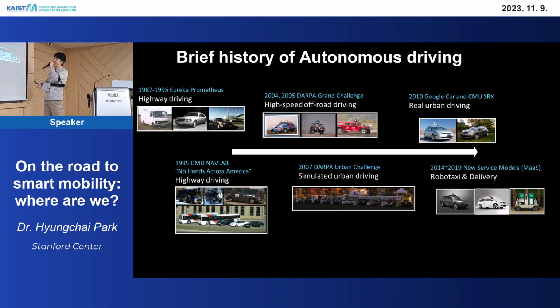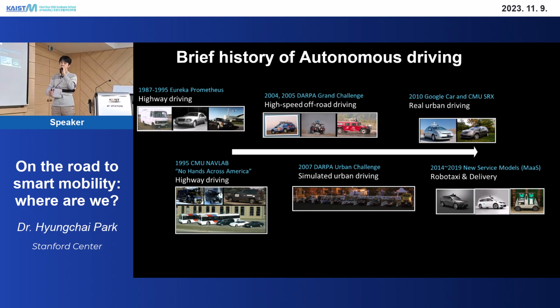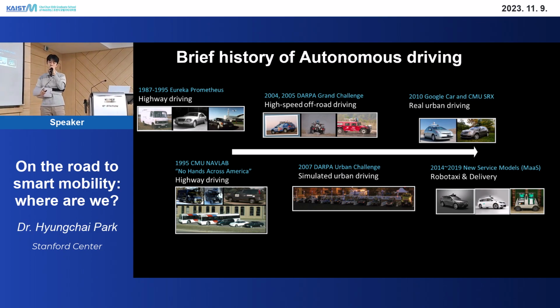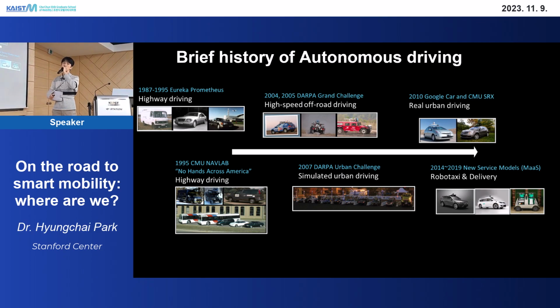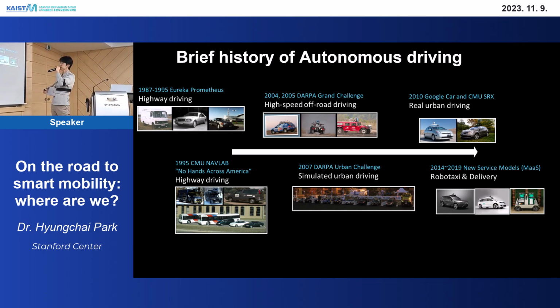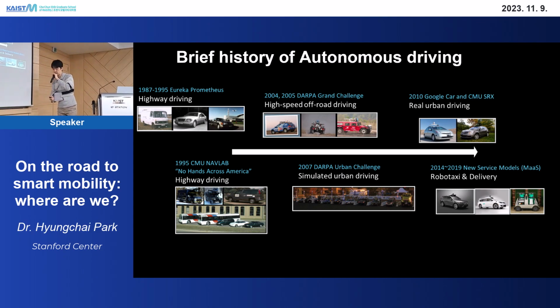In 2010, Google declared that they would start autonomous driving technology development. Then lots of other startups, big techs, and traditional automakers followed Google's movement. And in the middle of the 2010s, people also started to think about business models to make money using autonomous driving technologies, for example, robotaxi or delivery.